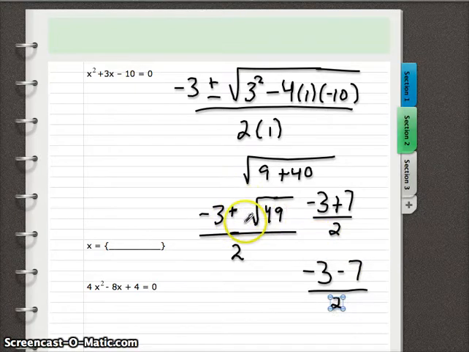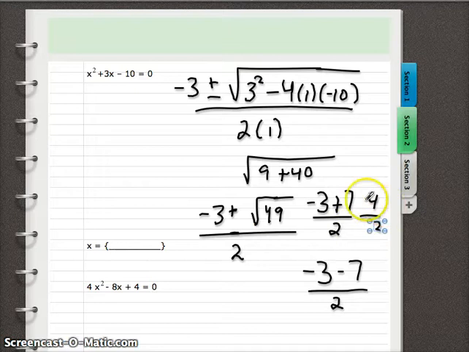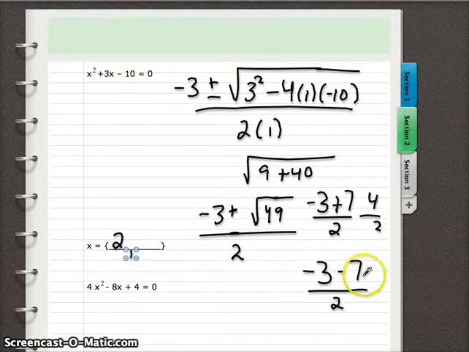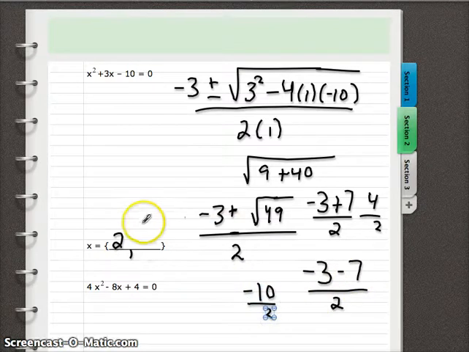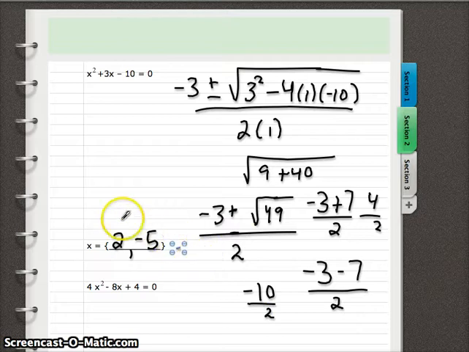We have to find both values. So -3 plus 7 is 4. And 4 divided by 2 is 2. So one value of x is 2. Let's get the other value for x. -3 minus 7, that's -10, divided by 2, gives us -5. So the two possible values for x are 2 and -5.